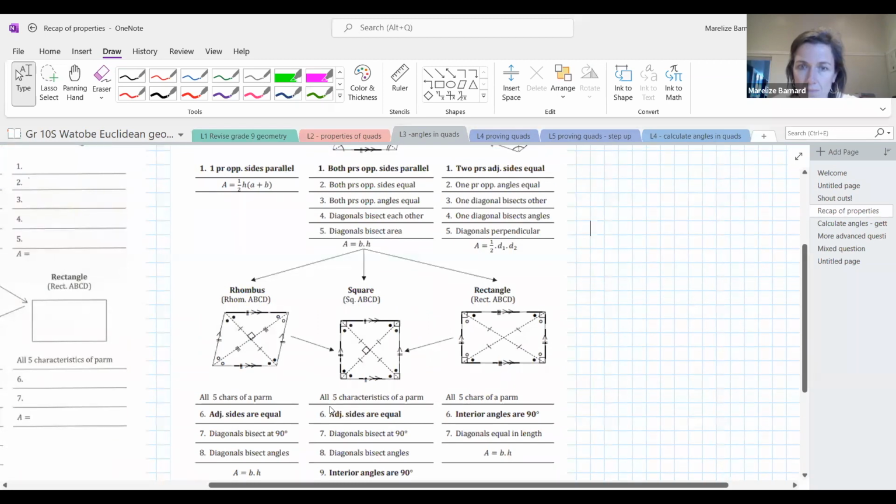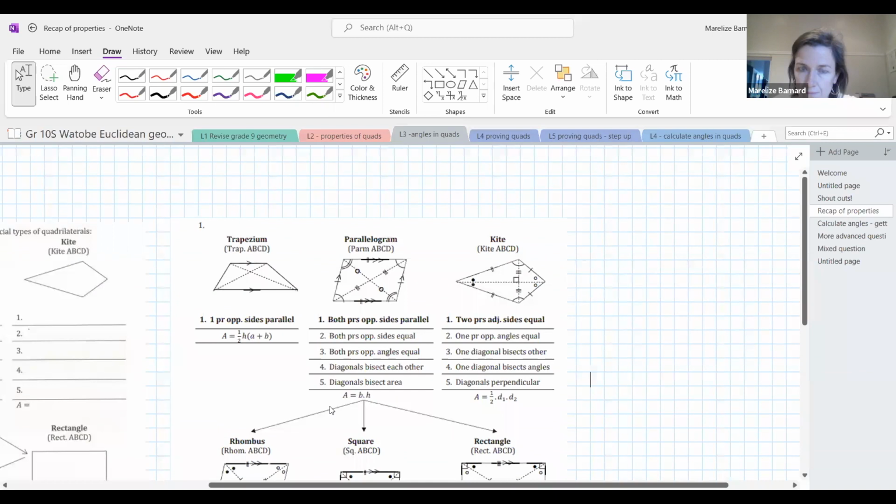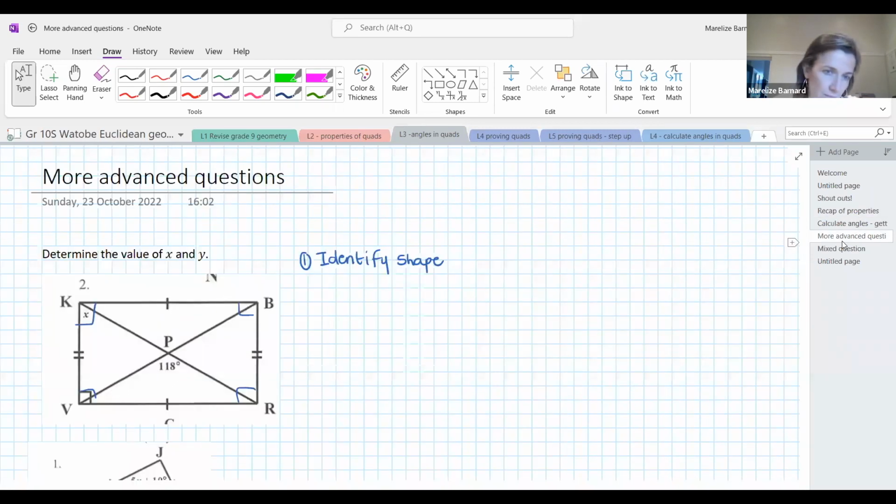Sorry, ma'am. I wanted to check if I did it in the correct way, because I said that since it's a rectangle and we have bisecting angles, we know that the down angle of P is equal to 118 degrees. And then I said that since they are vertically opposite, the other angle too is equal to 118 degrees.